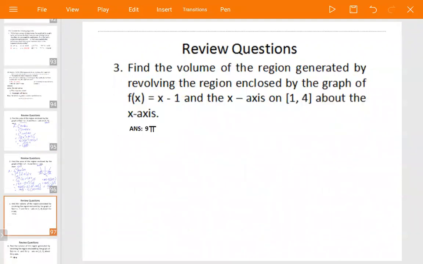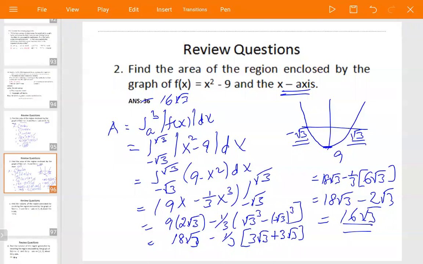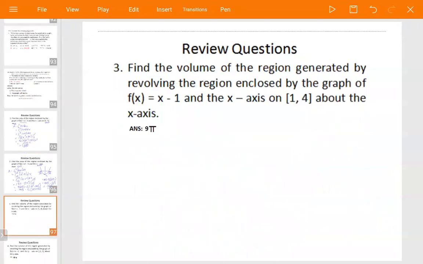Question number 3. Find the volume of the region generated by revolving the region enclosed by the graph of f of x equals x minus 1 and the x-axis on the interval 1,4 about the x-axis.